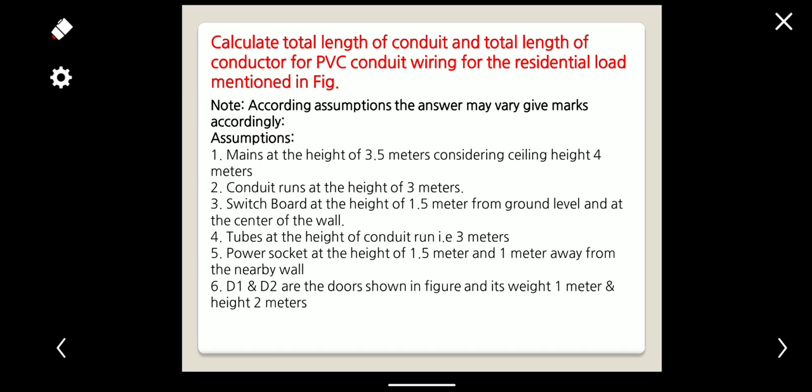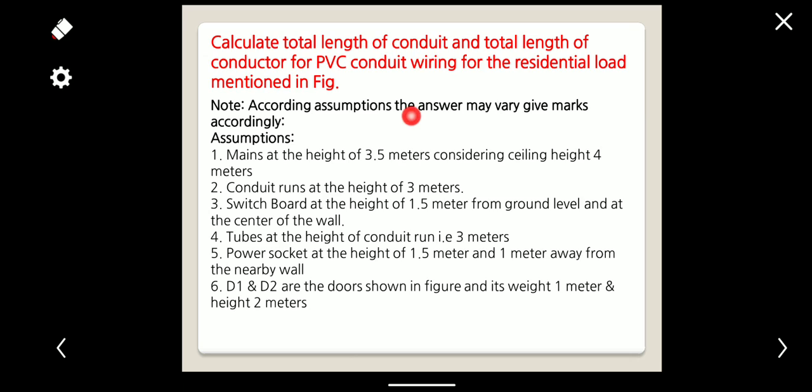Consider the ceiling height 4 meter, conduit running at a height of 3 meters, switchboard at 1.5 meters from the ground level and at the center of the hall, tube at a height of 3 meters, then power socket at a height of 1.5 meters and 1 meter away from the nearby wall.